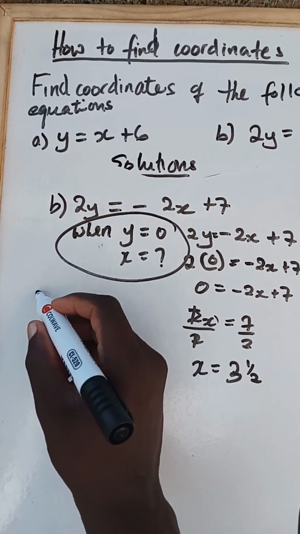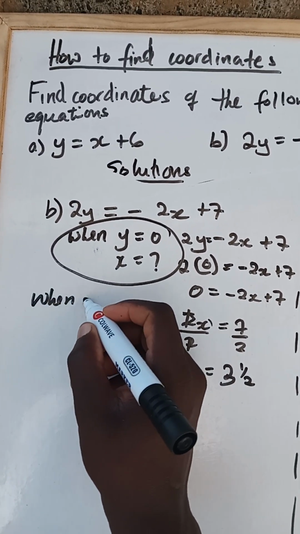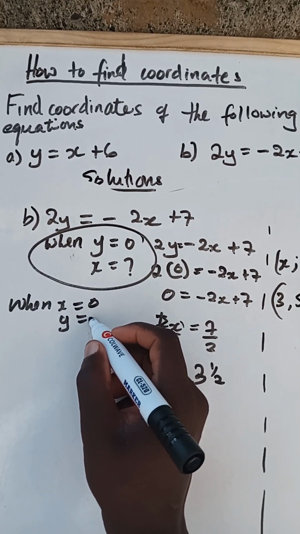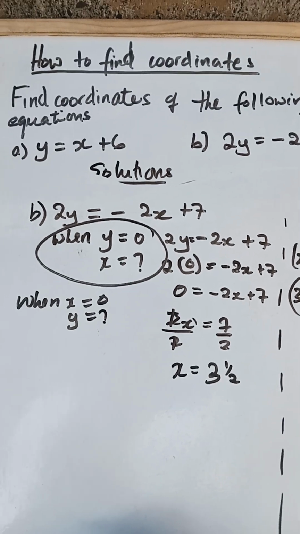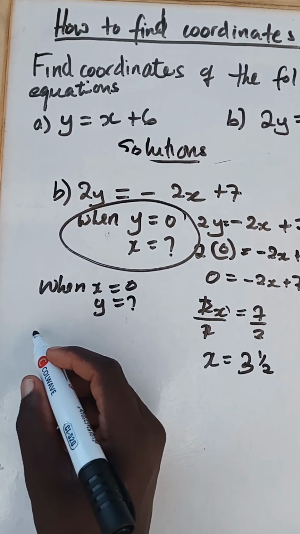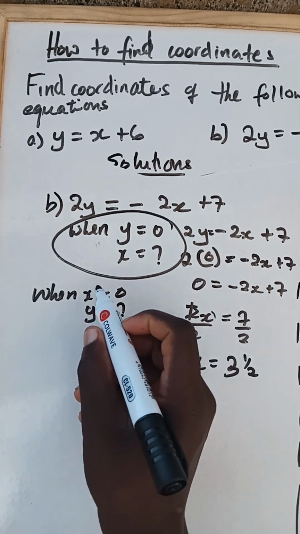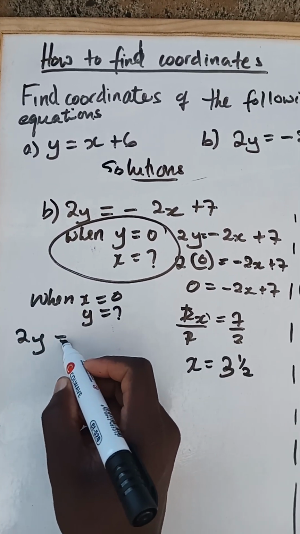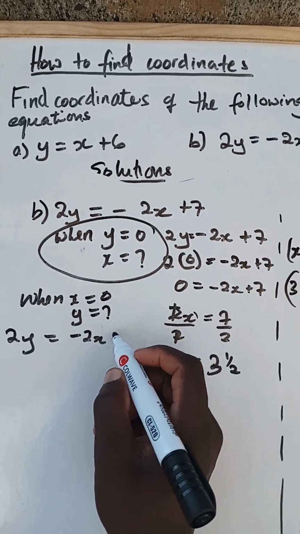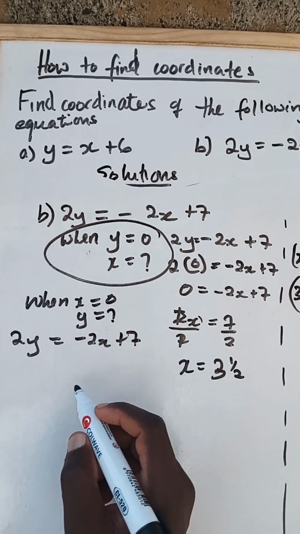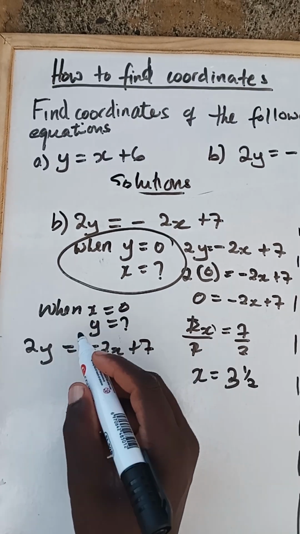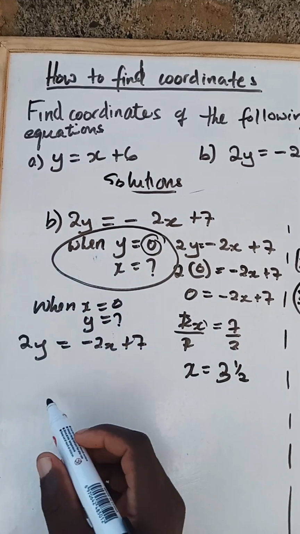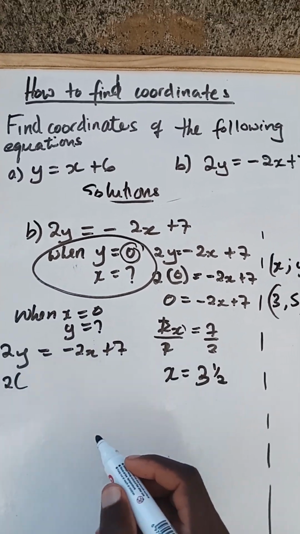So we are starting by saying when x is equal to 0, y is equal to what? We don't know the value of y. So now let's go a little bit down. The equation states 2y is equal to minus 2x plus 7. Alright, that's the equation. What is the value of y?